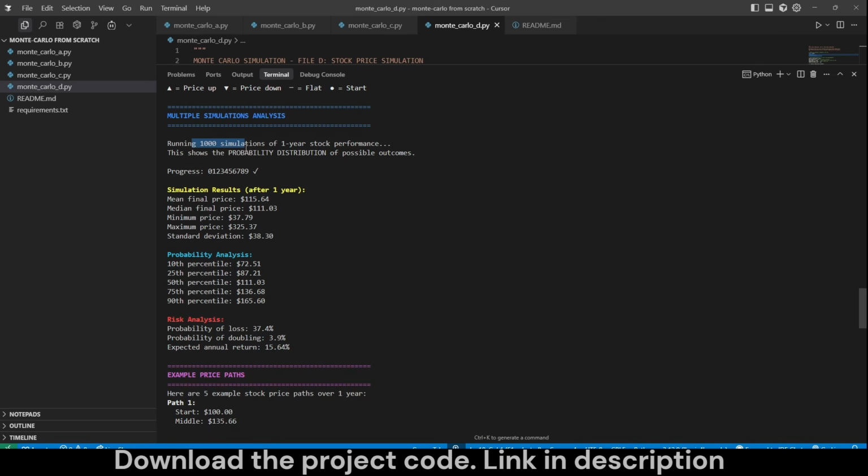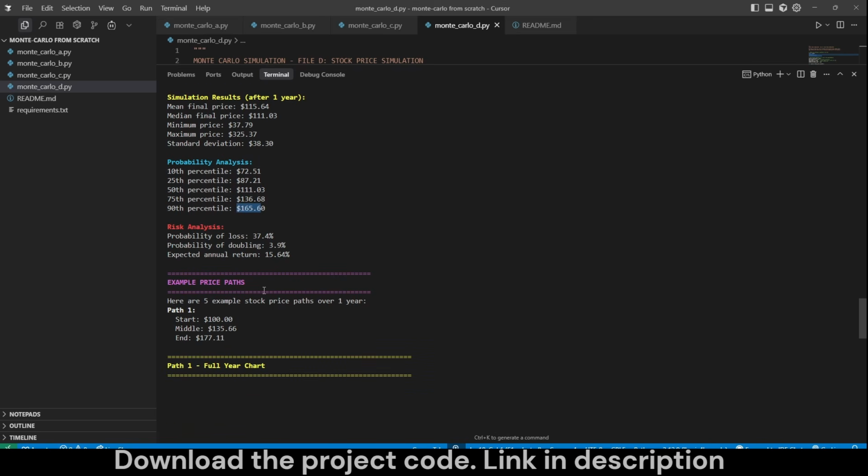And when you run it 1,000 times, you get 1,000 different values for the ending price. 25% of the values are equal to or less than 87. Half of the values are 111. 75% actually is 136, and 90% of them are 165 or below.